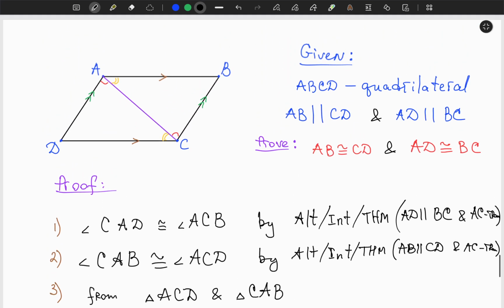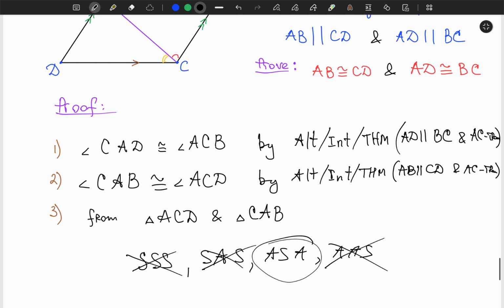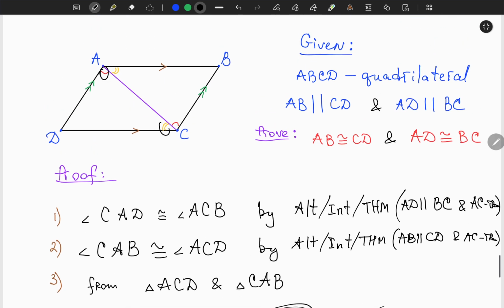From angle, side, angle, we need one side, and this side must be between these angles. Oh, okay, we have angles and this side. Oh, that's great. Why?